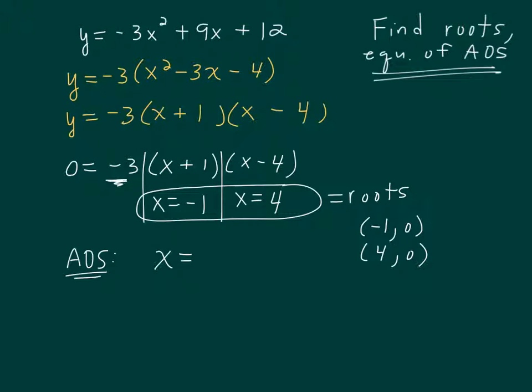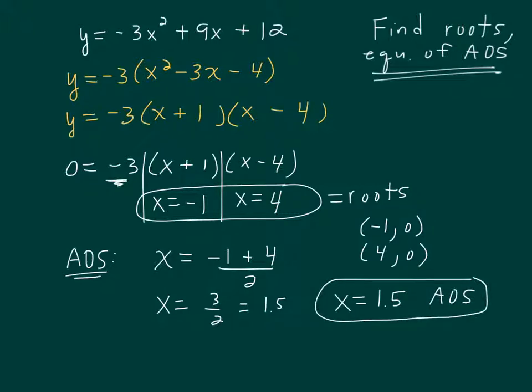But don't forget it's always x equals. So in this form, we're not doing negative b over 2a. We're just taking the average of those two roots, and if we do that, we're going to get 3 over 2, or 1.5. So x equals 1.5 is our axis of symmetry.